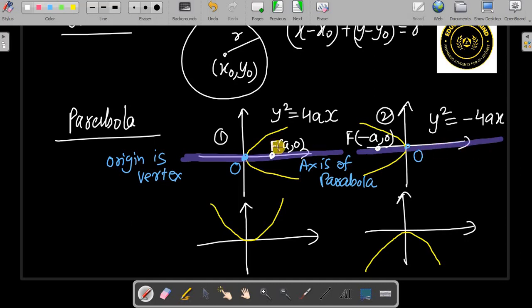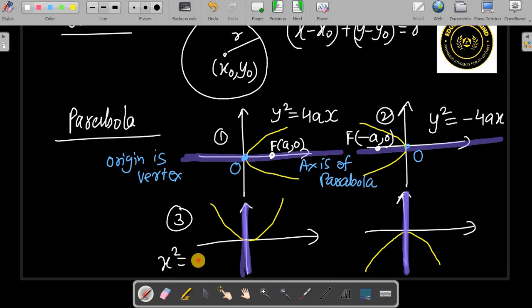Similarly, if you consider the y-axis, here the y-axis is the axis of the parabola. So if the y-axis is the axis, then we can write the equations in case of the third. The equation of the parabola will be, instead of x, it will be y.